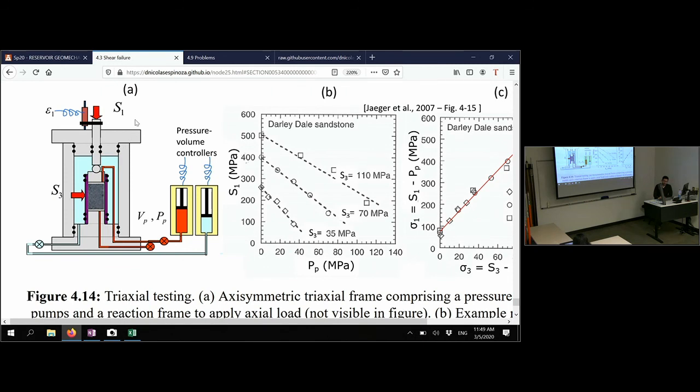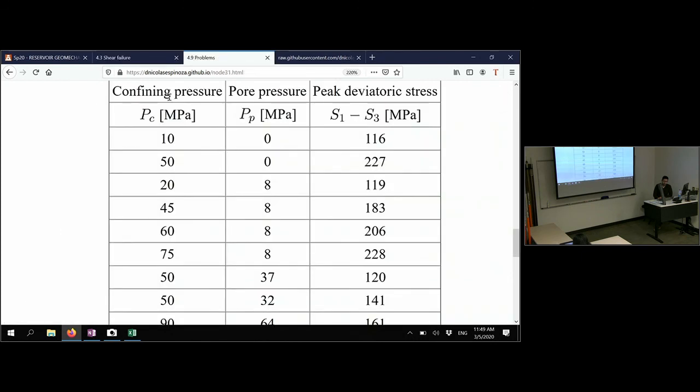And the effective axial stress is going to be the total axial stress minus the pore pressure too. And let's see what we have in this table over here. So we have confining pressure, pore pressure, and we have peak deviatoric stress.